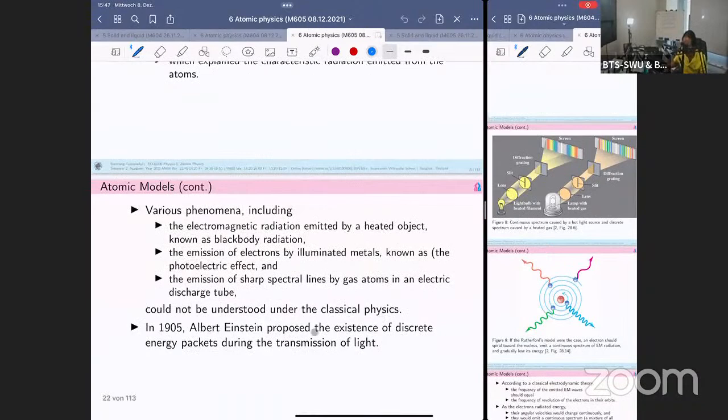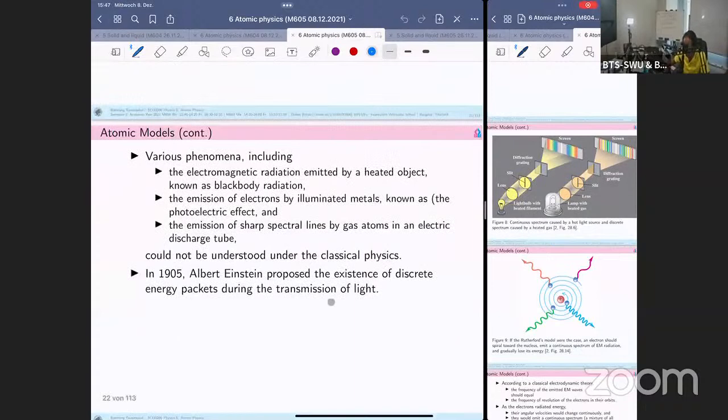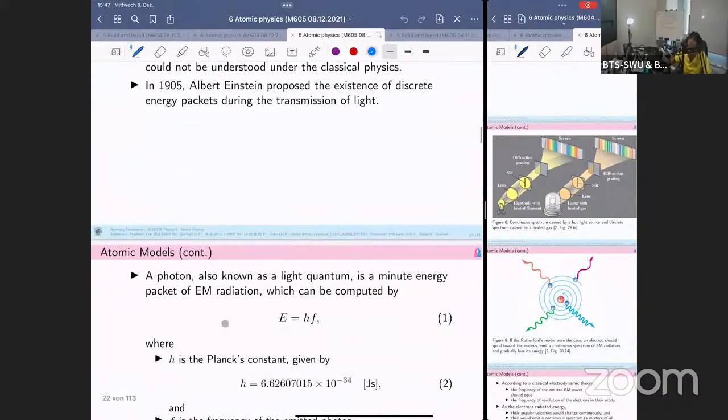In 1905, Albert Einstein proposed the existence of discrete energy packets during the transmission of light.